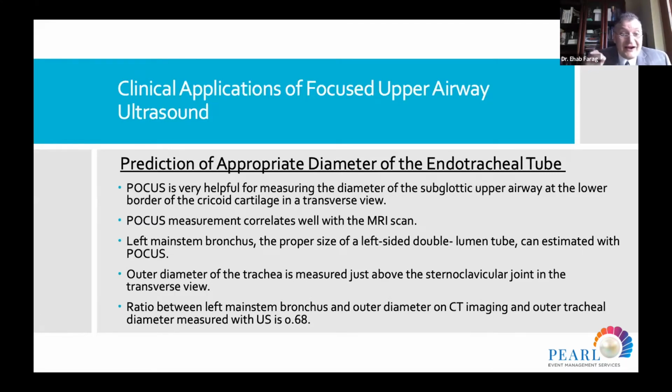And we found that the ratio between the left main stem bronchus and the outer diameter is 0.68. And this is the ratio. So if you have the outer diameter of the trachea, 0.68 of that gives you the left main bronchus. And has this been confirmed in MRI and CT scan measurement?